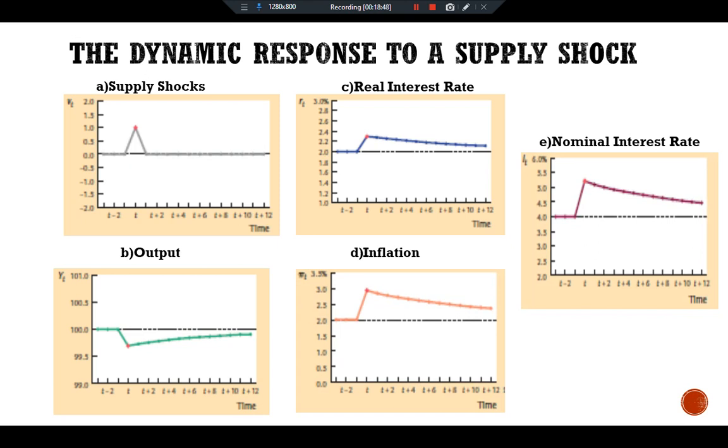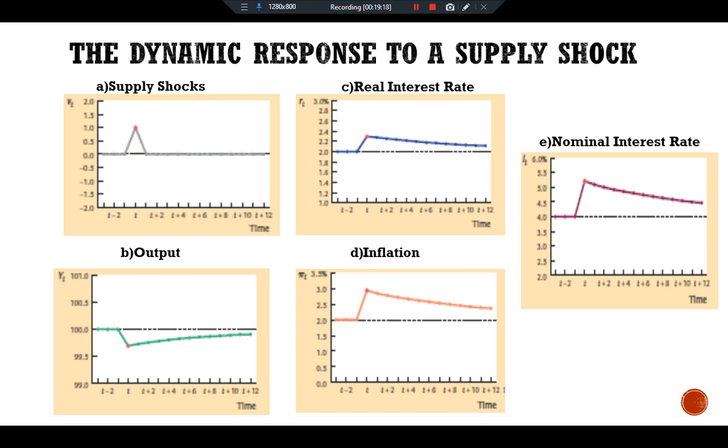As we have seen in panel A, the shock v t spikes upward by 1 percentage point in time period t, and then returns to 0, and inflation gradually returns to its target of 2% over a long period of time.